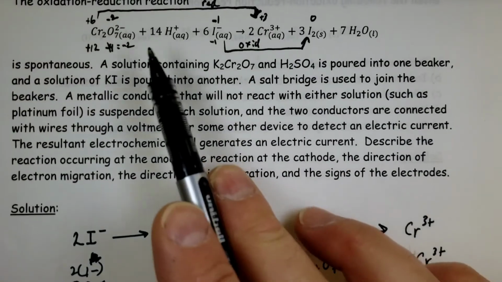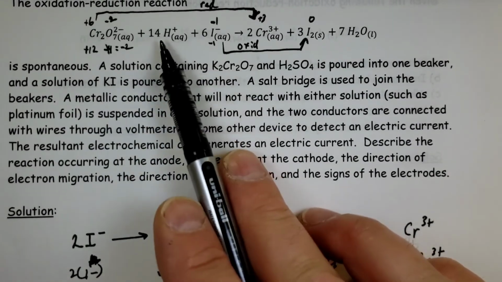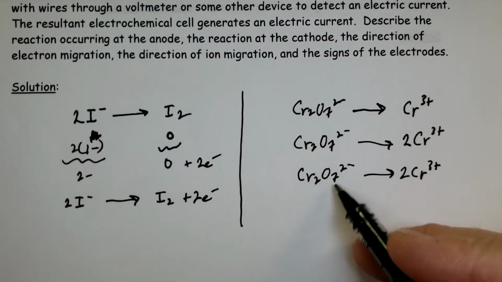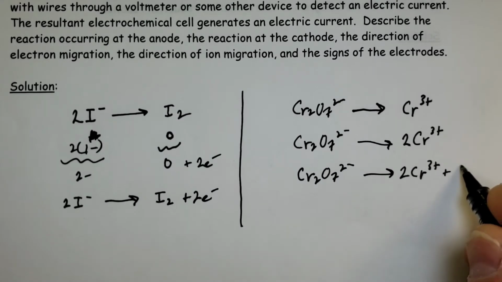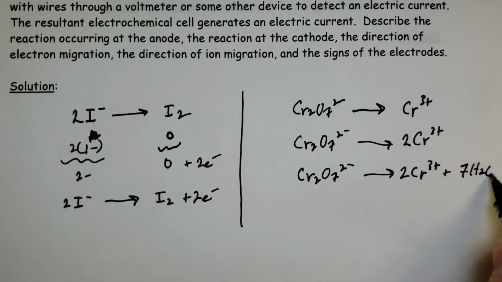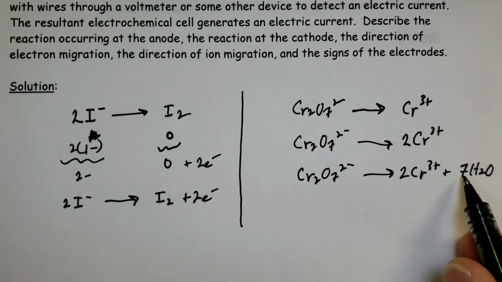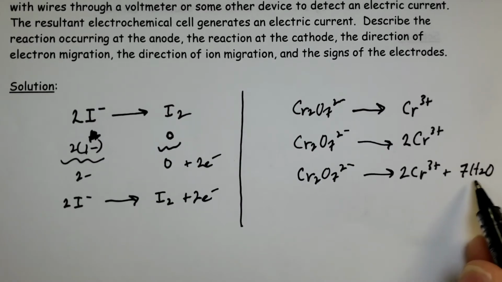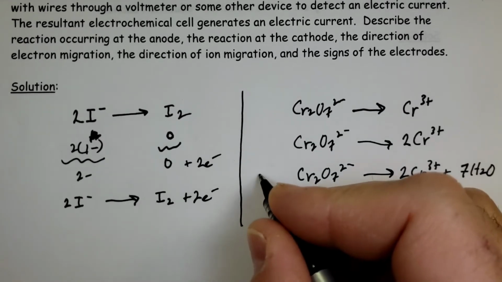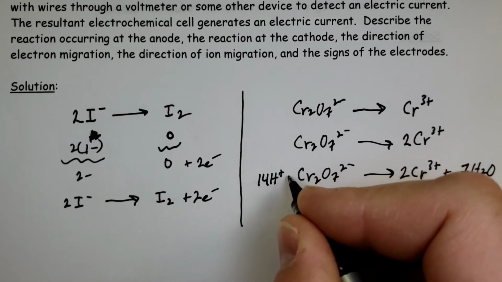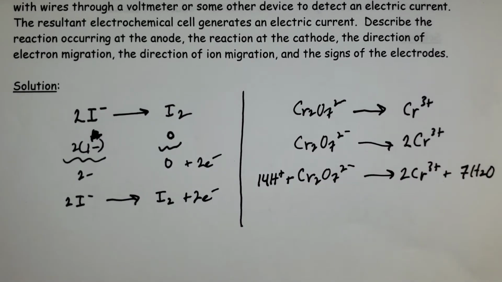We know this is going to be in an acid because we have H+ ions floating around. So we need 7 oxygens. We get that by adding 7 water molecules. And of course, in that process, I'm going to be adding 14 hydrogens. So 14 hydrogens are added. Now that is completely balanced.